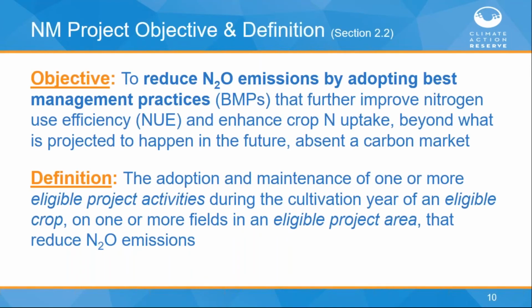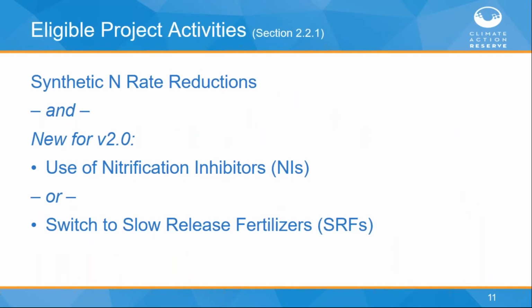So we're going to dive into providing an overview of the protocol itself, and that starts first and foremost with the definitions. Generally speaking, so we know everyone is on the same page, the objective of this protocol is to reduce nitrous oxide emissions by adopting nitrogen management best practices that further improve nitrogen use efficiency.